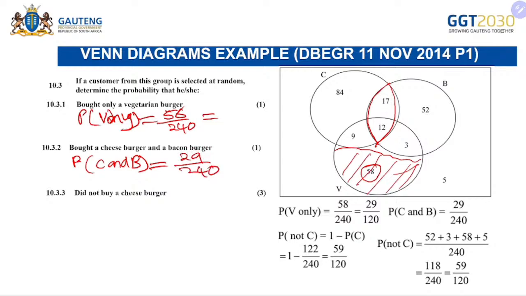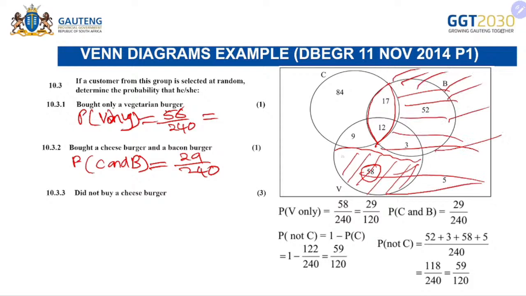You want to find the number that did not buy a cheeseburger. So a cheeseburger is everything outside C. So I can shade everywhere, excluding the C. So these ones inside C, we are not touching. We want those outside. So I can take 52 plus 3 plus 58 plus 5.